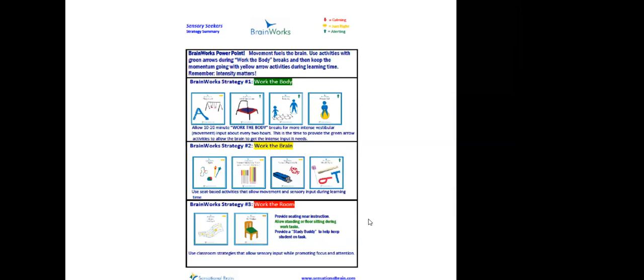And then our sensory seekers, a lot of movement, a lot of sensory input for these guys. So scented gummy markers, scented markers, gum, chewy items, music, adaptive seating. So these are pretty general.